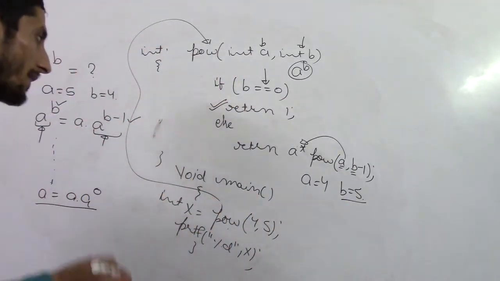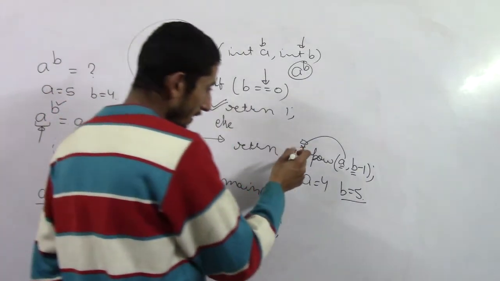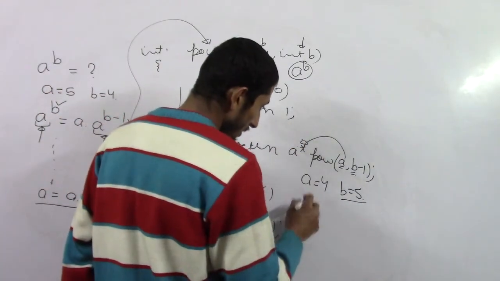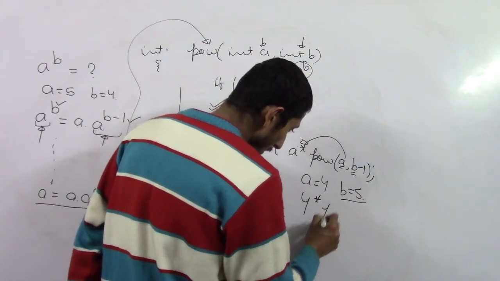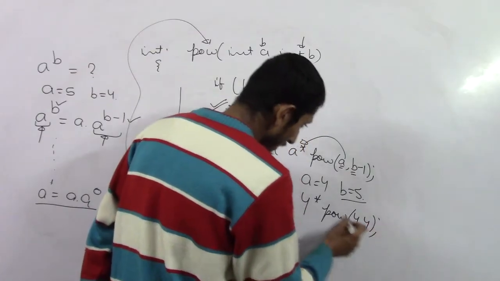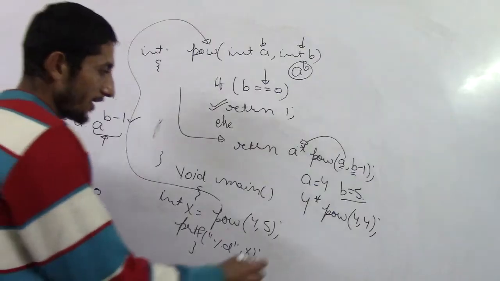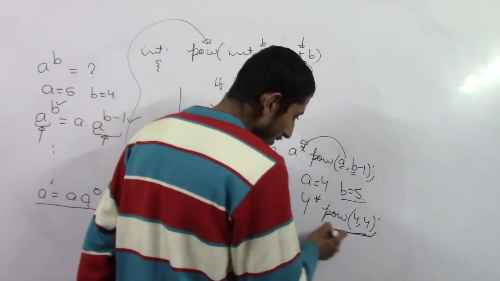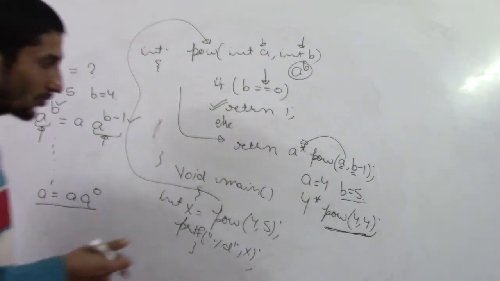So the compiler will go in the else part. In the else part, what we have written is A into power A, B minus 1. That means 4 into power 4 and 5 minus 1, which is 4. This is not an integer yet, so the compiler will wait while you are calculating this.